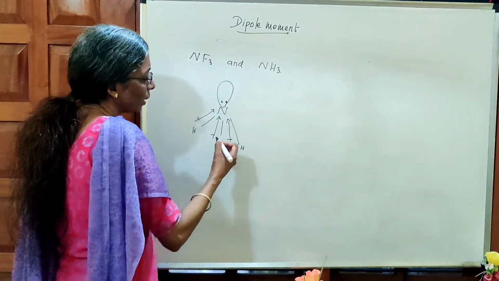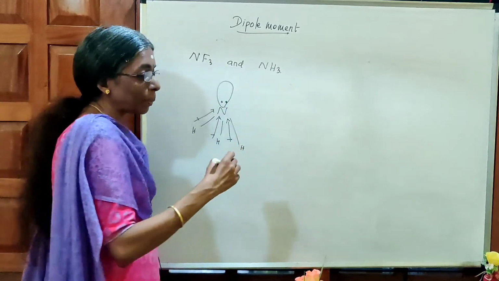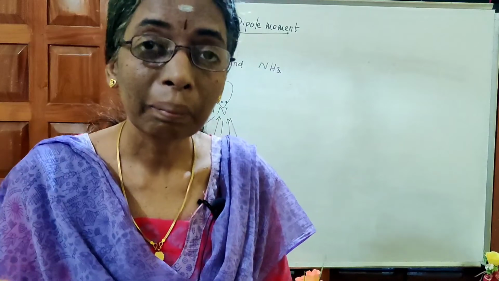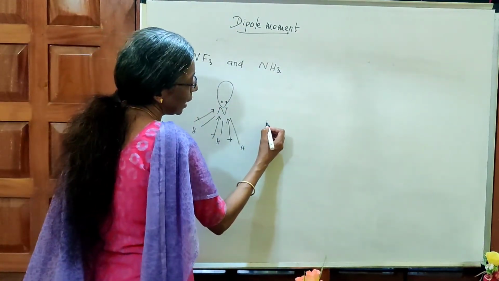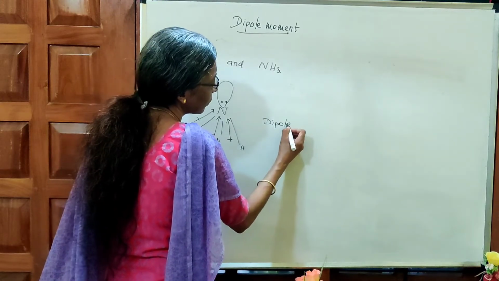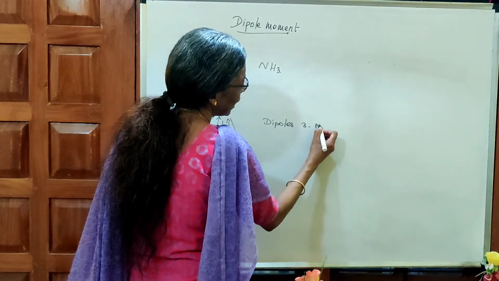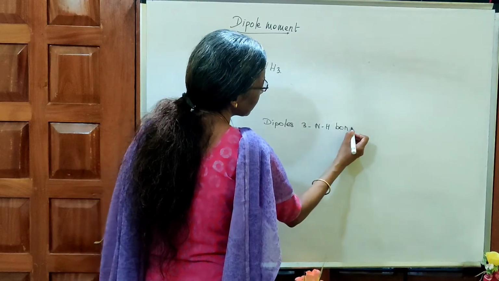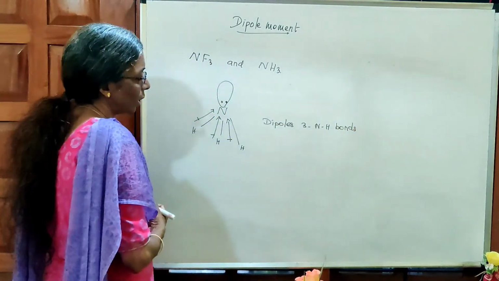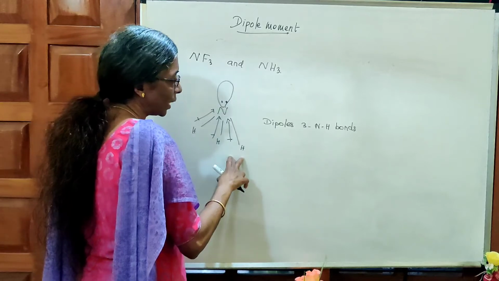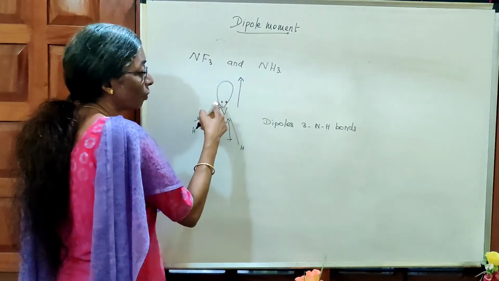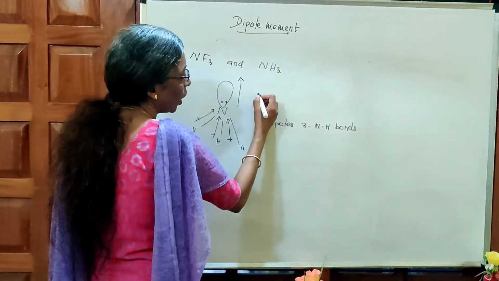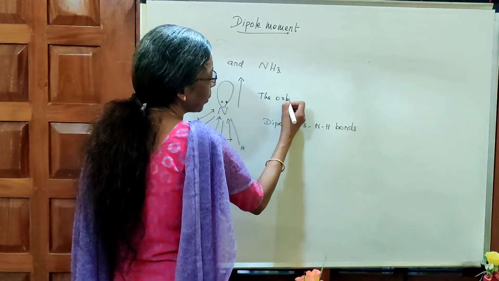When you calculate the dipole moment in ammonia, 3 bonds are there, that means 3 dipoles. The dipoles of 3 NH bonds and the orbital dipole of the lone pair.